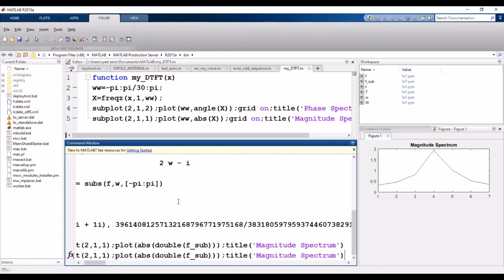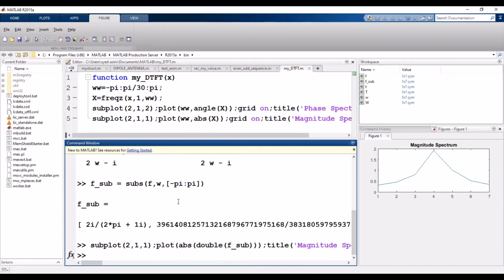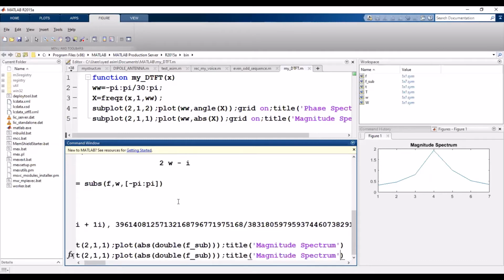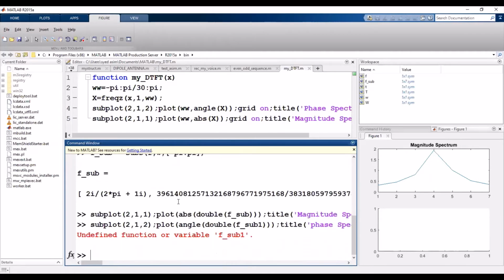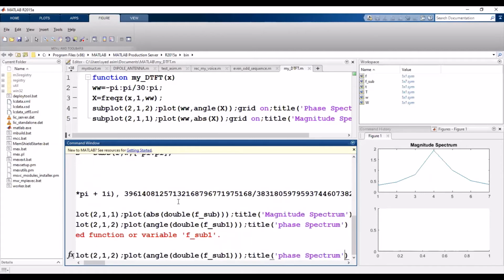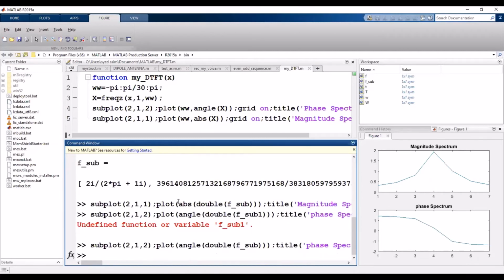If I want to plot the phase spectrum, again plot the angle, and that is basically our phase spectrum. So that is our first example.